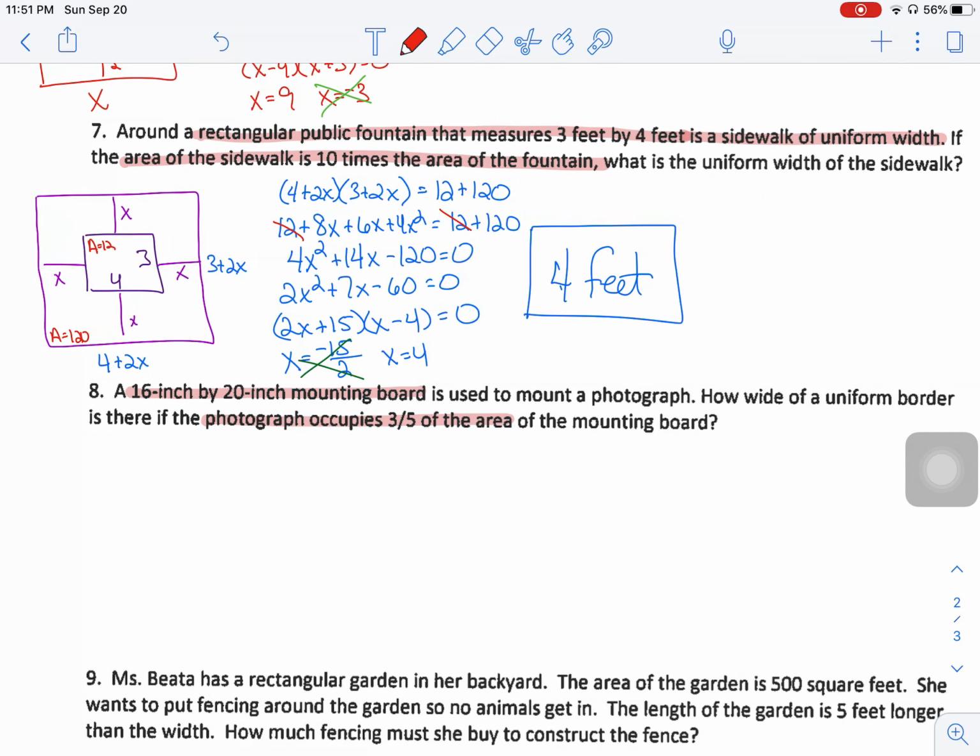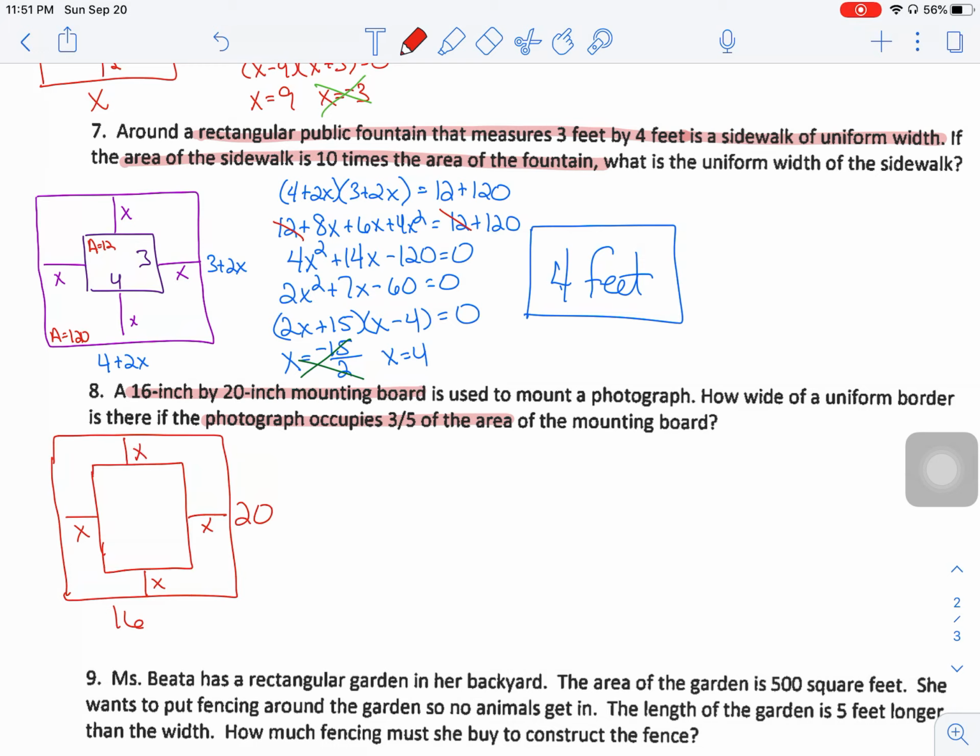But a mounting board is basically a big board, right? So let's see, 16 by 20, and inside of there is where you would literally tape down or mount your picture. It says that we've got a uniform border here, so uniform all the way around.